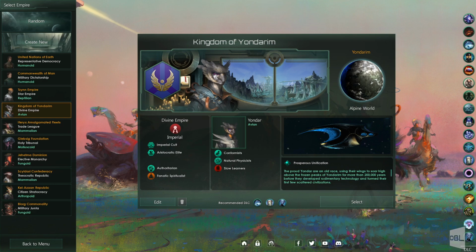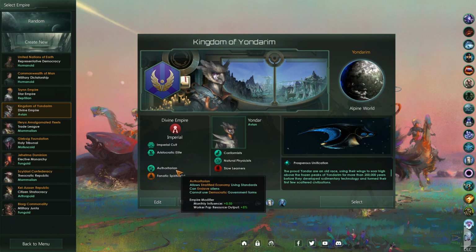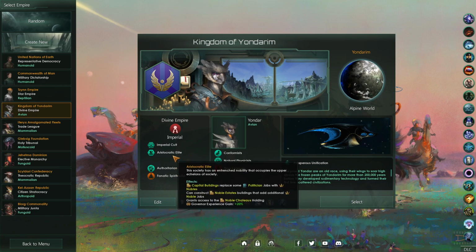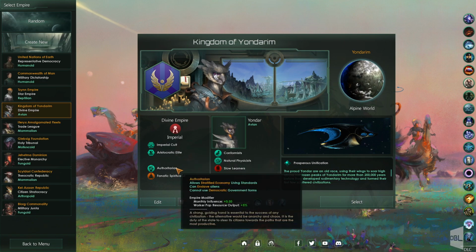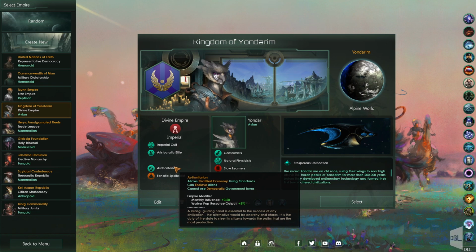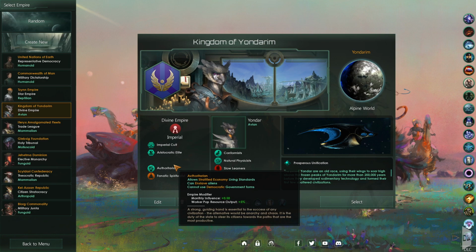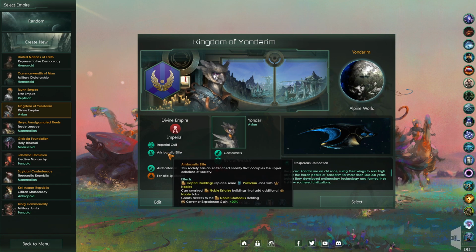All right, where are we with these guys? Authoritarian, let's see. A test program to see if you could do true multiplayer on 2.6 kilobit, and you could. It does sound like it would have been fun.